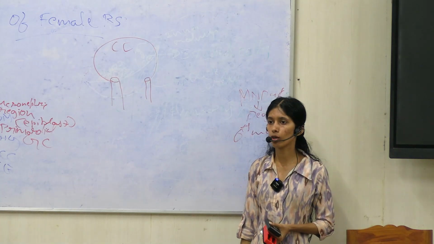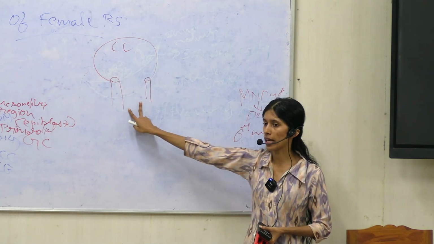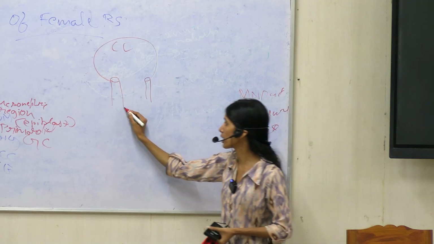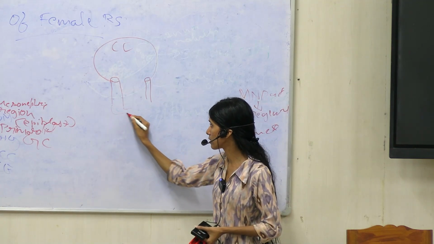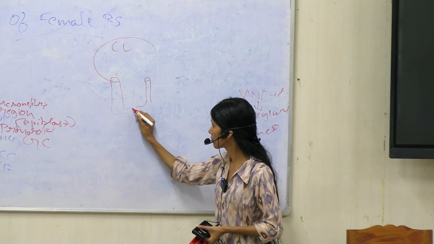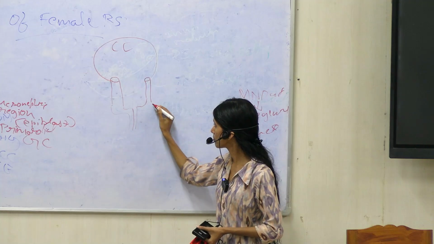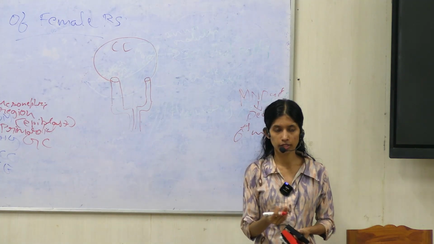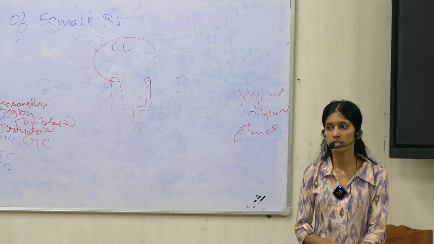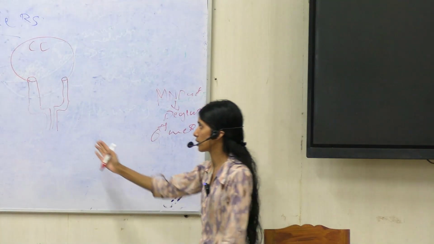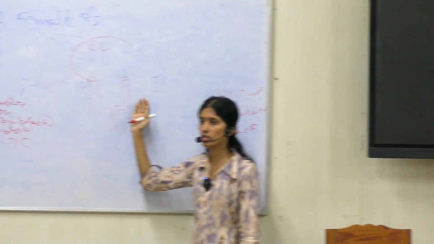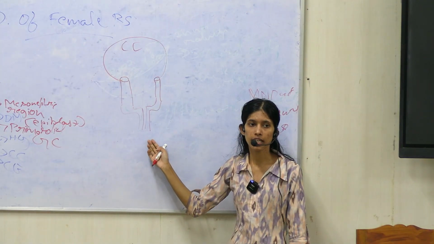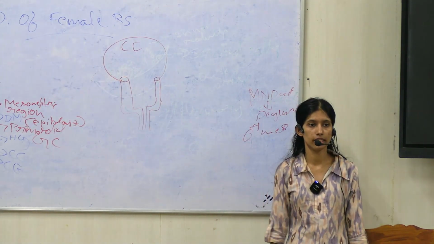By the end of the 8th week, this paramesonephric duct will start moving towards the medial side like this. Previously, around the 6th week, they are present as the lateral structures. By the end of the 8th week, they will come towards the medial side.